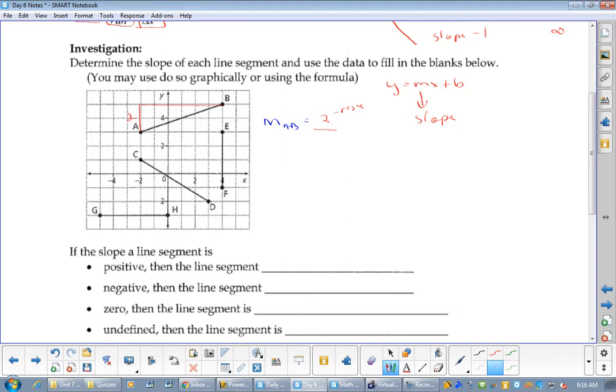How much? 6. So 2 divided by 6, and you will always reduce your fractions, and that becomes 1/3. The slope of AB is 1/3. Because it's going up from A to B, it will be positive. One going down will always be negative. So just remember, m up is always positive, m down is always negative.